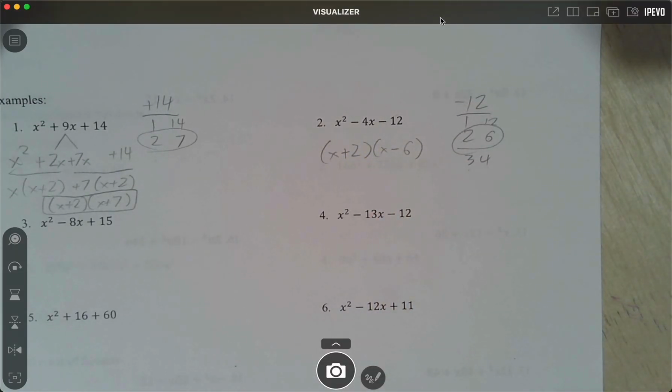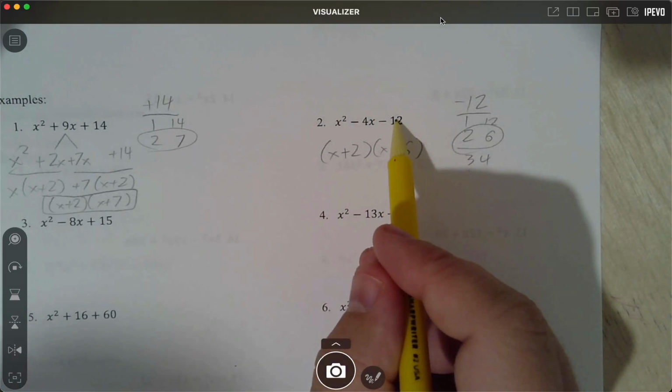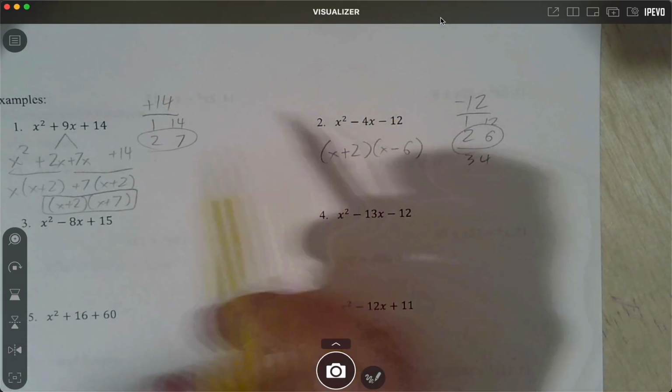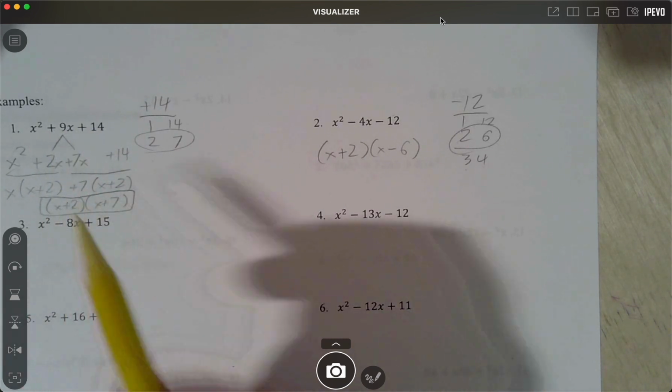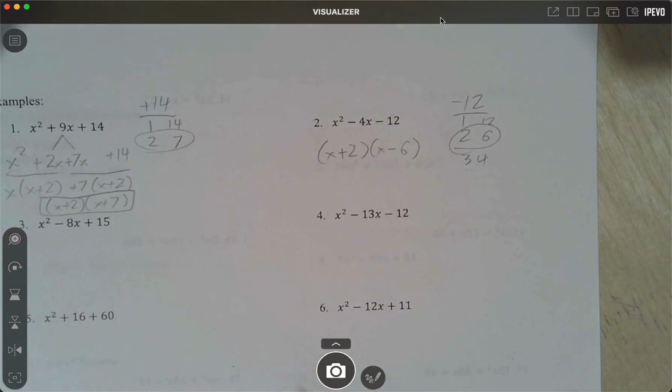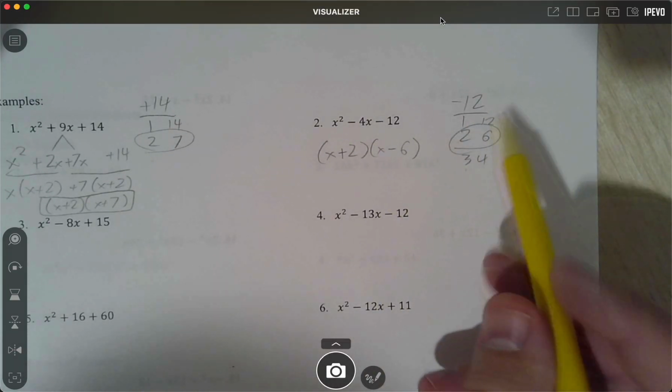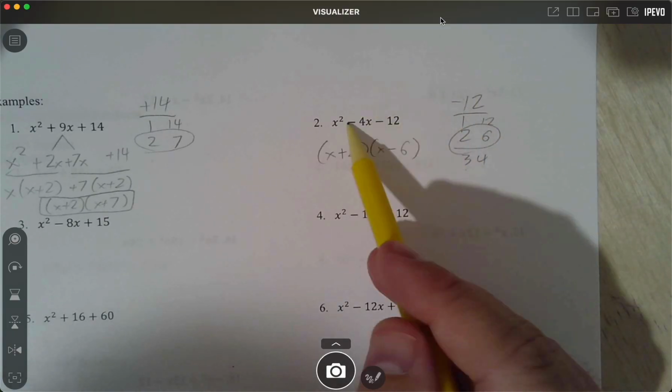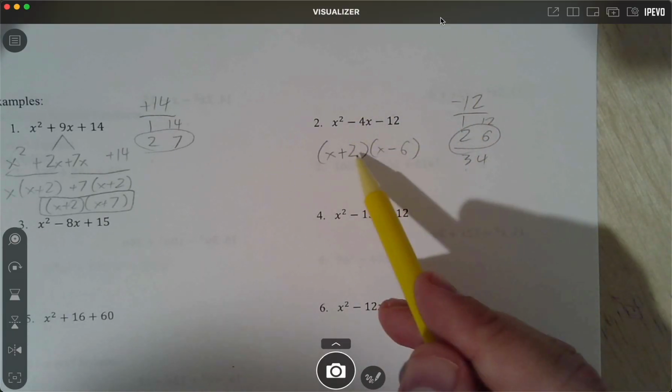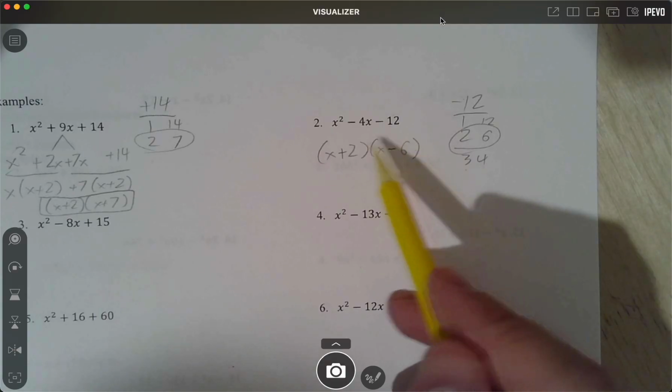Now, there are things that end up being true about if there's a negative at the end, the signs are opposite. If there's a positive at the end, the signs are the same. And are they both positive, or is one negative, one positive? I'd rather you not memorize those 2 extra rules and rather just say, hey, 12 that subtracts to 4 is 2 and 6. And then think, how do I recreate negative 4 out of 2 and 6?